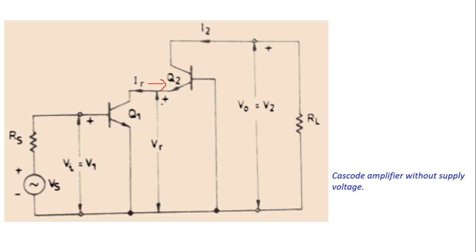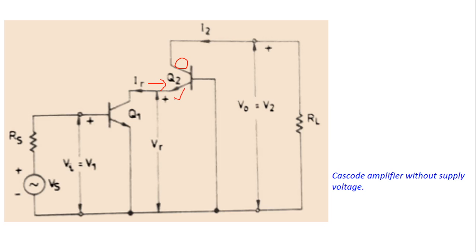This particular junction is reverse biased, and this particular junction is forward biased. Reverse bias means a kind of open circuit, and forward bias means a kind of short circuit.